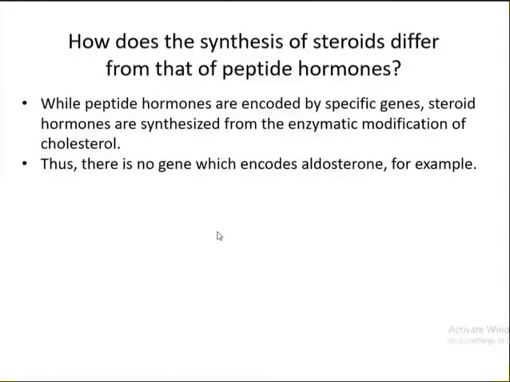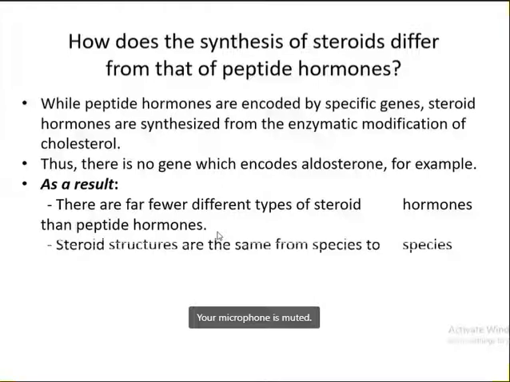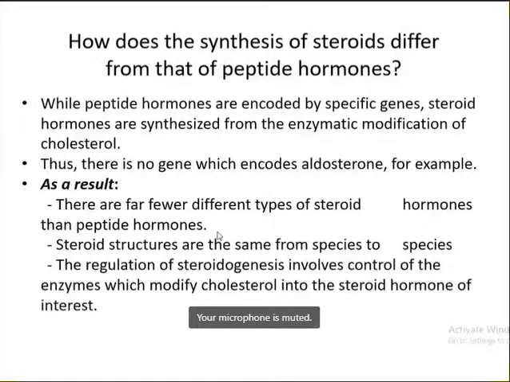For peptide hormones, it is there. As a result, there are far fewer different types of steroid hormones than peptide hormones. Steroid structures are the same from species to species. Regulation of steroidogenesis involves control of the enzymes which modify cholesterol into the steroid hormone of interest. Okay, this is the basic fact about steroid hormones.